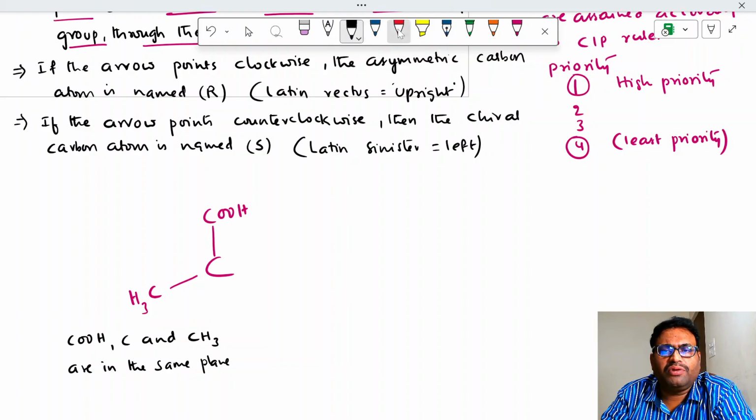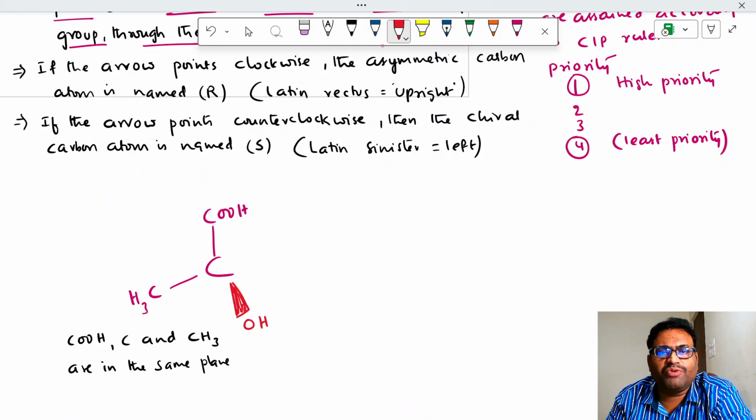Now let us go with this OH. This is called a wedge. If it is represented in this way, where is OH? This OH is towards the observer. Towards, now I am observing. Towards observer, or I can say above the plane.